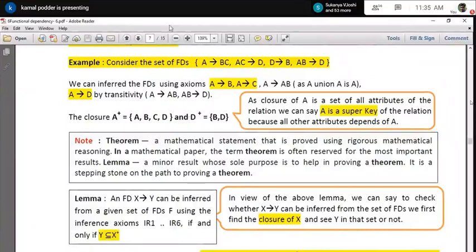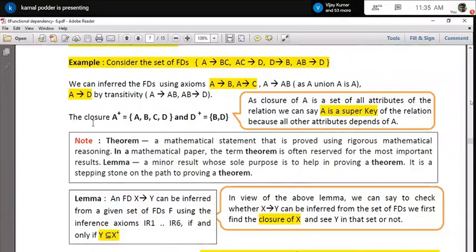So in this process, if you find the closure of any particular attribute or attribute set, and if that closure contains all the attributes represented in the relation, then you can easily say all the attributes of that relation depend upon the set.